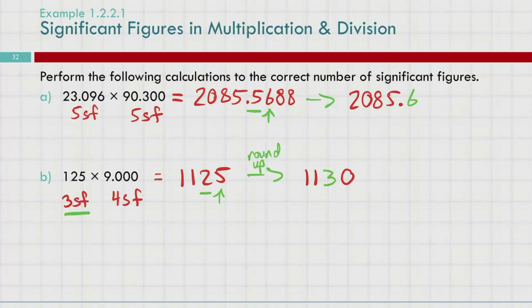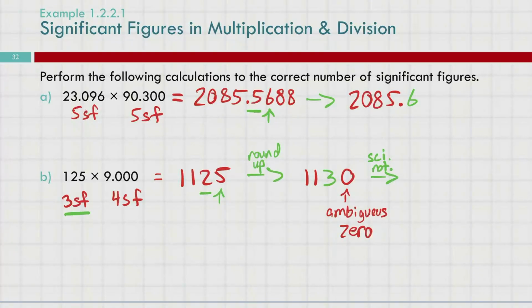We have to put it in scientific notation because we've got an ambiguous 0. It's trailing and we don't have a written decimal place. It's also not significant. So we would put this in scientific notation.